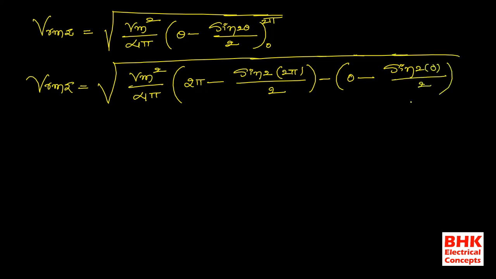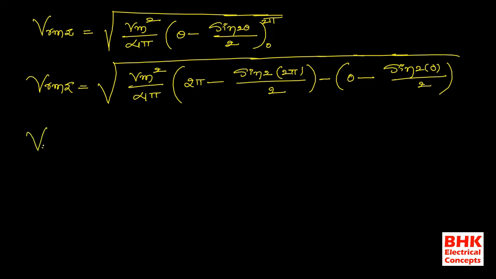Okay, now we know that sin 180 is 0, sin 0 is 0, it means sin 2 pi gives the numerator term as 0. Here also the same, sin 0 is 0, so that is the reason why here also the numerator is 0.